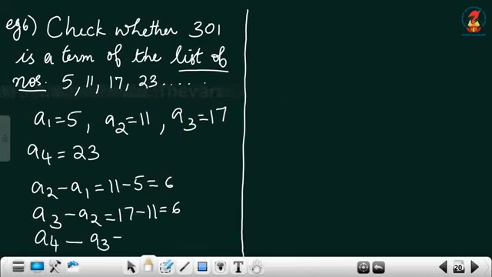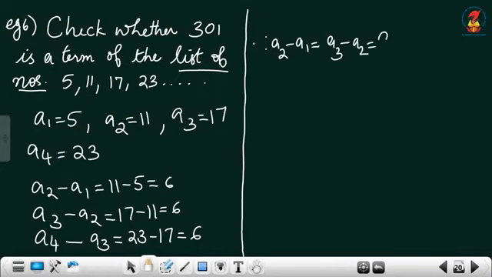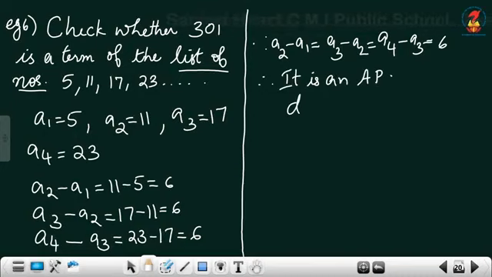A4 minus A3 is equal to 23 minus 17 equal to 6. Therefore, A2 minus A1 is equal to A3 minus A2 is equal to A4 minus A3 is equal to 6. So it is an AP, in which D is 6.